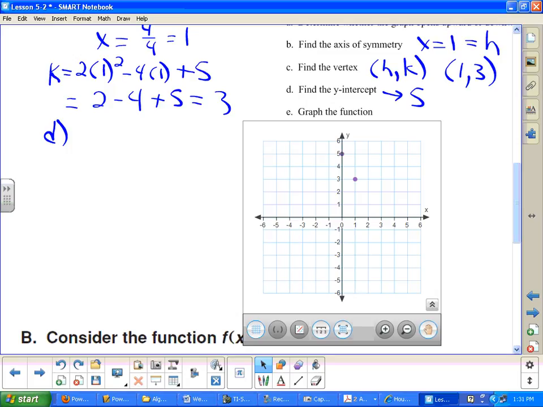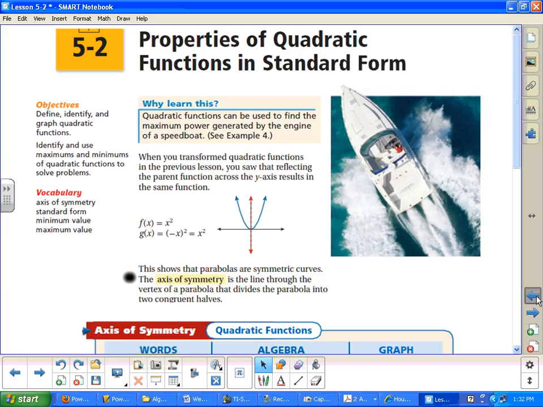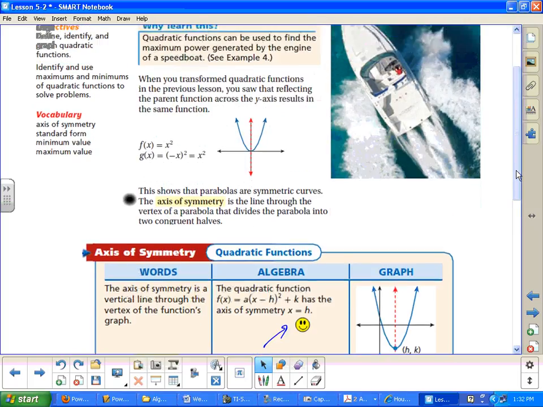So if I graph the vertex and the y-intercept, that means that I know that the graph is going to go up to the left, right? Starting at 1, 3, and then going through the y-intercept at 5. Okay. Well, this is where the axis of symmetry comes into play, because the axis of symmetry tells us that it cuts the graph perfectly in half.